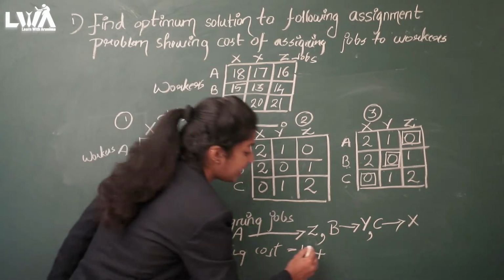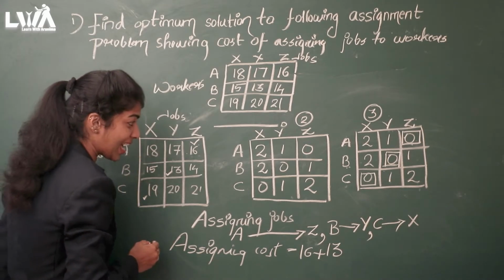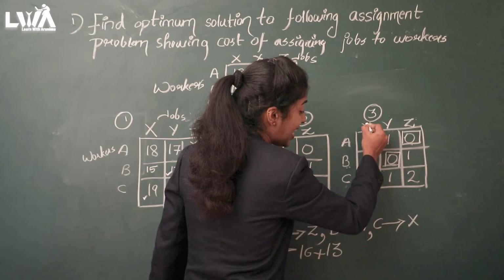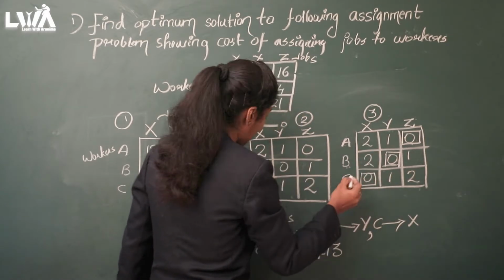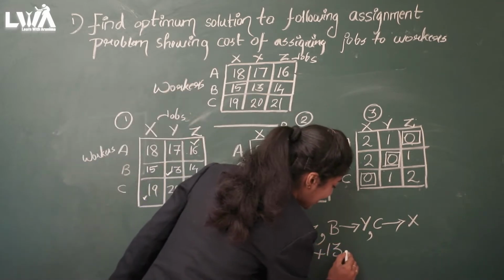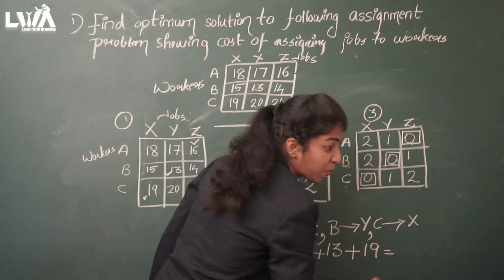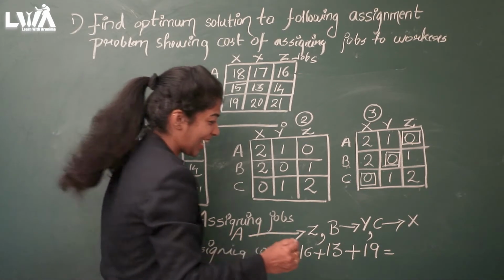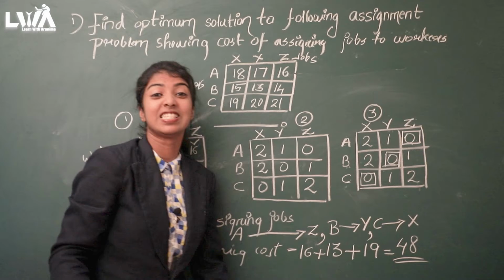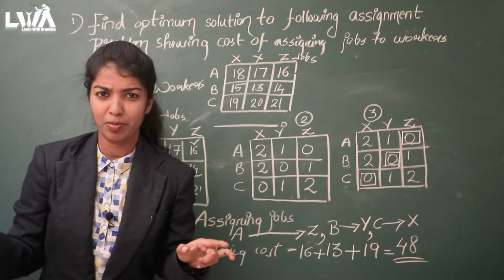It is 13. 16 plus 13 plus, again, C is doing the job X. Here which is the corresponding value? 19. So 16 plus 13 plus 19. What is the value? It is 48. This is the assigning cost. This is all about the assignment problem.